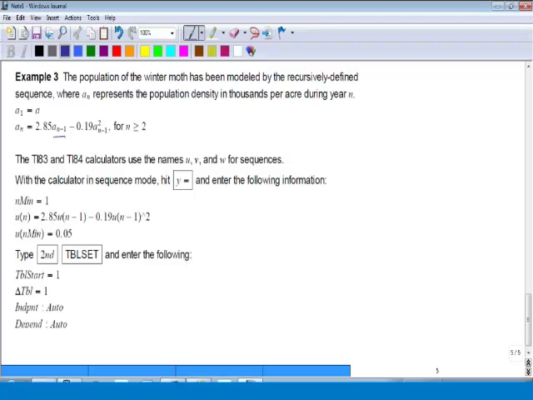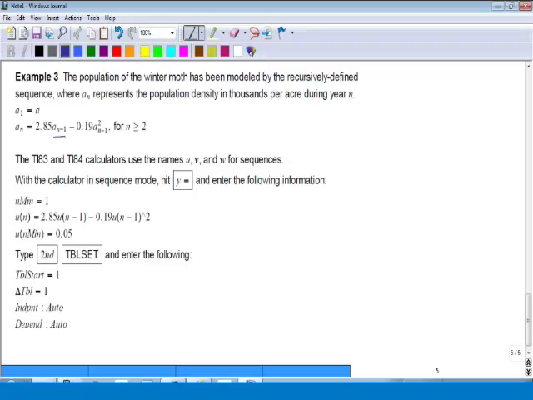This model says take that population density, multiply by 2.85, figuring on how actively they're reproducing, and then, figuring that some of them are going to die, subtract 0.19 times the square of however many there were the previous year. So evidently the death rate is proportional to the square of the population, but the growth rate is only proportional to the actual number of the population.